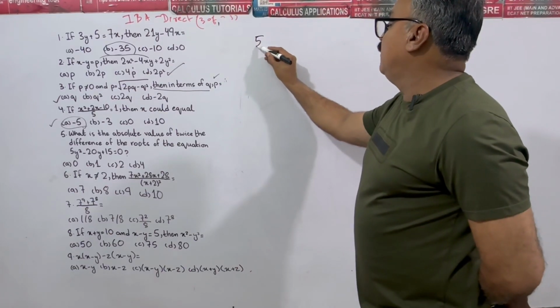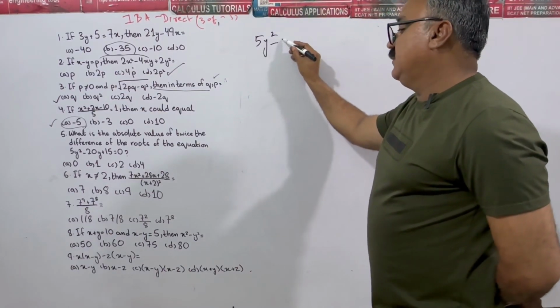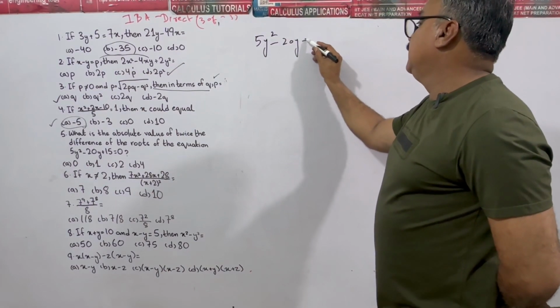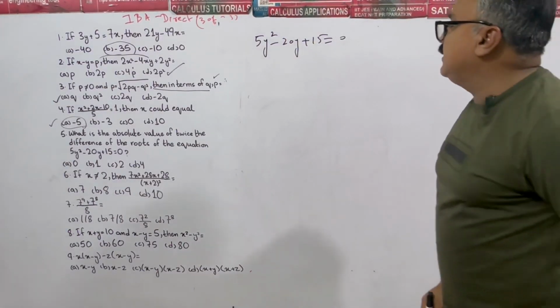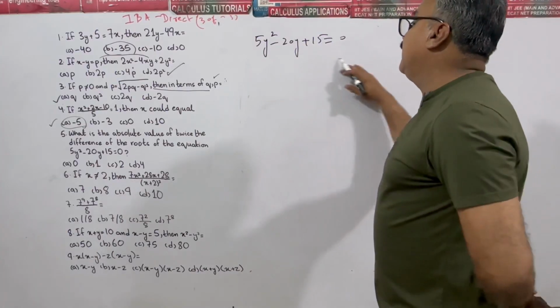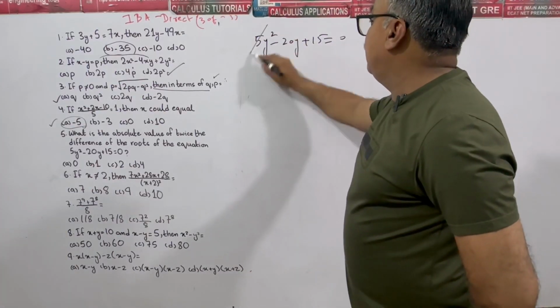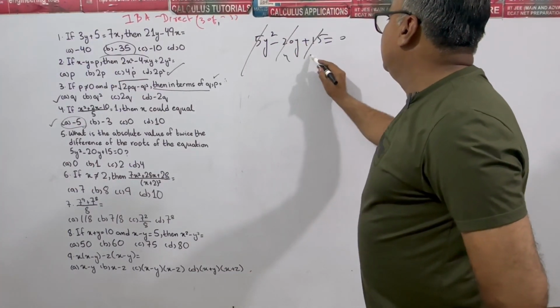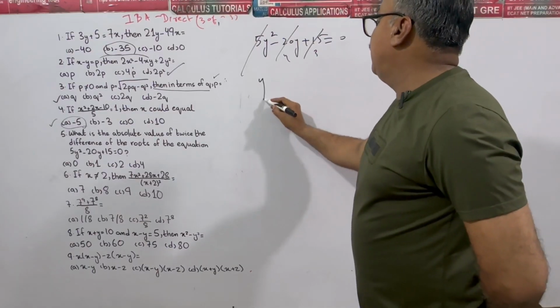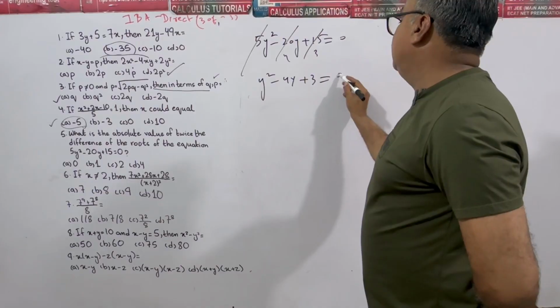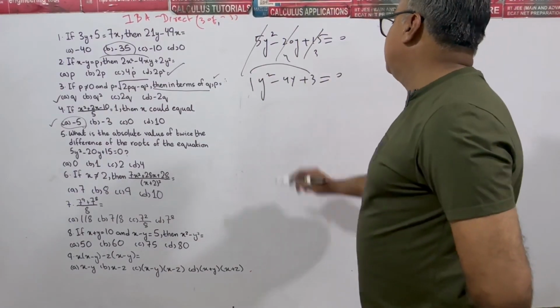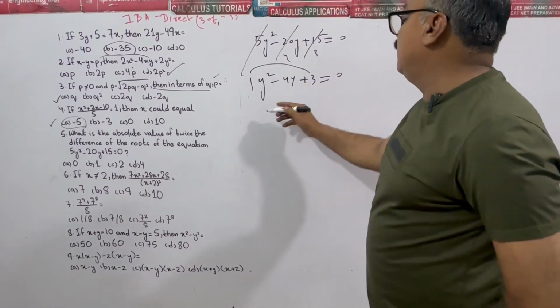I have 5y square minus 20y plus 15 is equal to 0. Taking 5 common, to make the calculation light: 5 times 1 is 5, 5 times 4 is 20, 5 times 3 is 15. So I have y square minus 4y plus 3 is equal to 0. Taking 1 and 3, 1 times 3 is 3 and 1 plus 3 is 4.